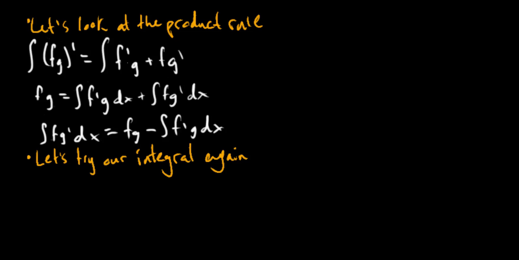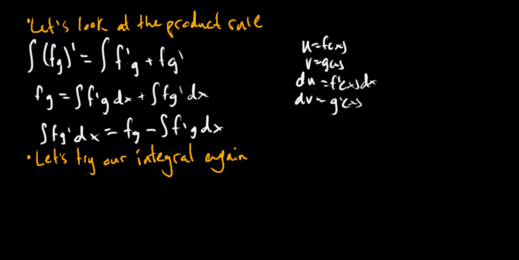Let's use two letters, u and v. We'll say that u is equal to our f of x and v is equal to our g of x. And then we also want du and dv. So these will be equal to f prime of x dx and dv will be equal to g prime of x dx. And let's substitute these into our final, so we can get our final formula for integration by parts.